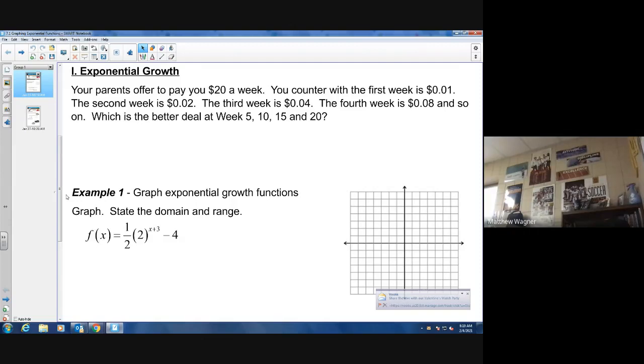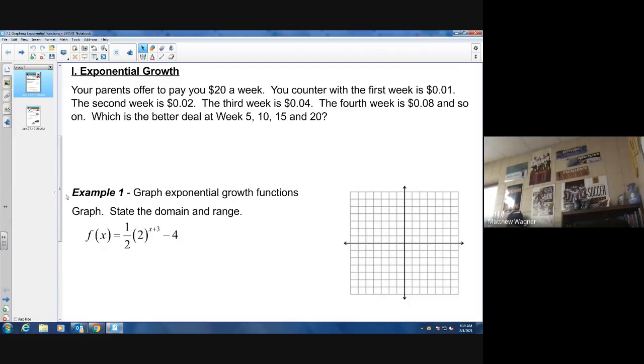Then if you notice, in week 12, it actually switches. Option B overtakes $20, and then it just balloons from there. So week 15, you would have $300 total you would have received from your parents. Option B, you would get $327.67.